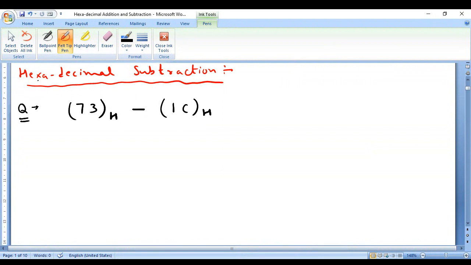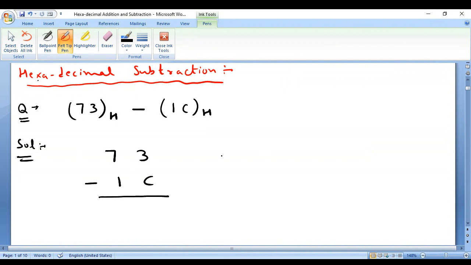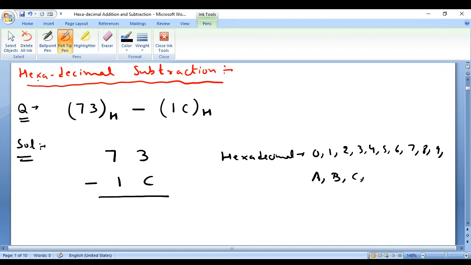Okay, so in case of hexadecimal, again write all the numbers that are there in the hexa system, and it will be 0 to 9 and from A to F.